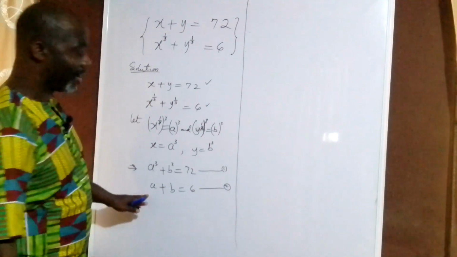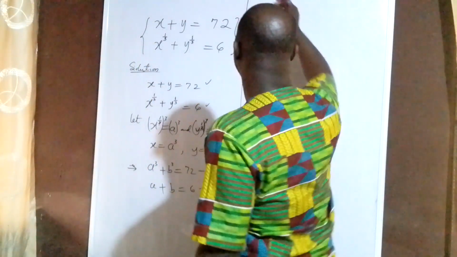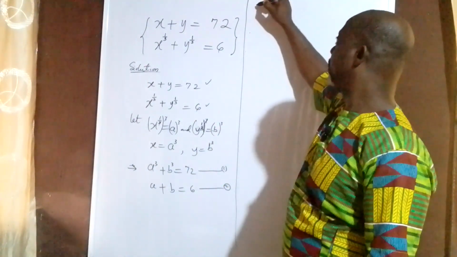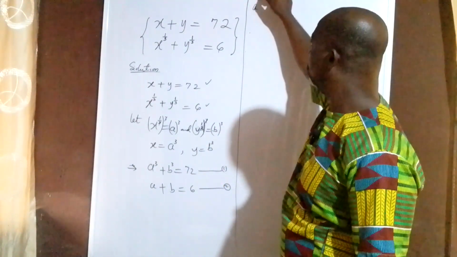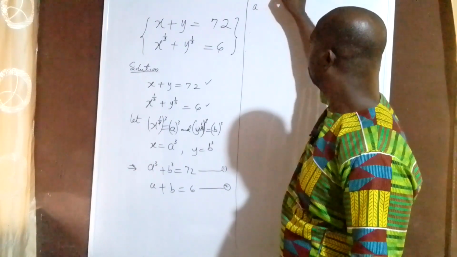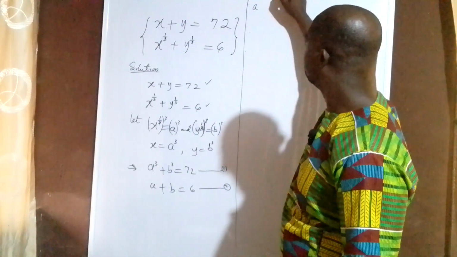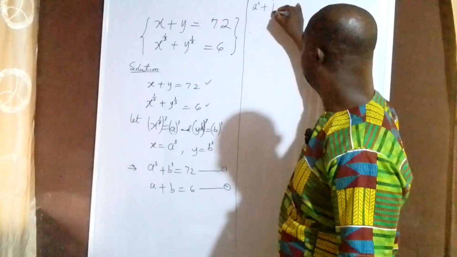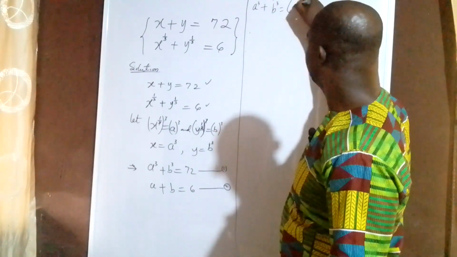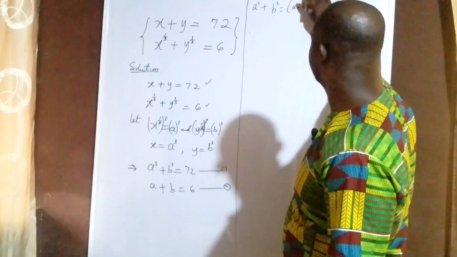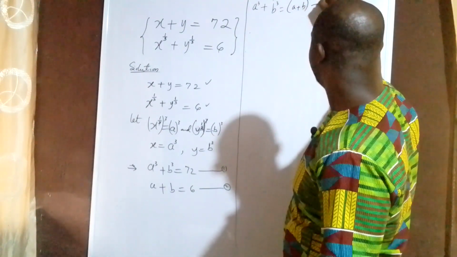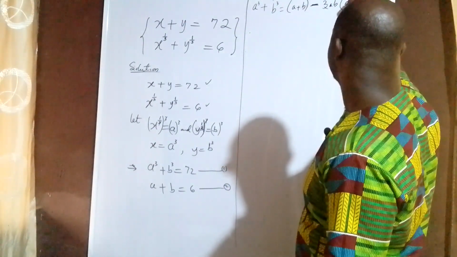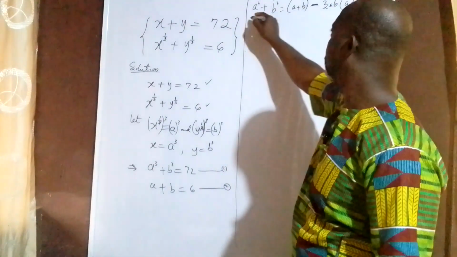We know that there's an identity we're going to use, an algebraic identity. Recall that a cubed plus b cubed will be equal to a plus b cubed minus 3ab open bracket a plus b.